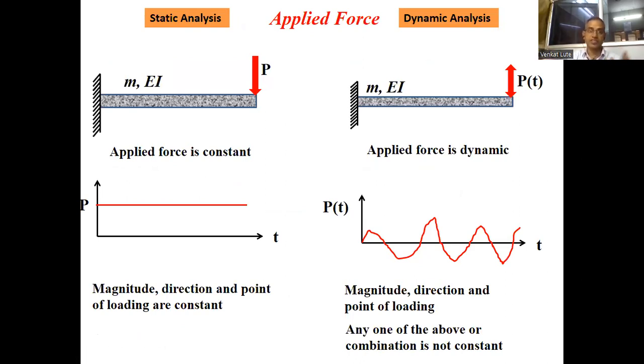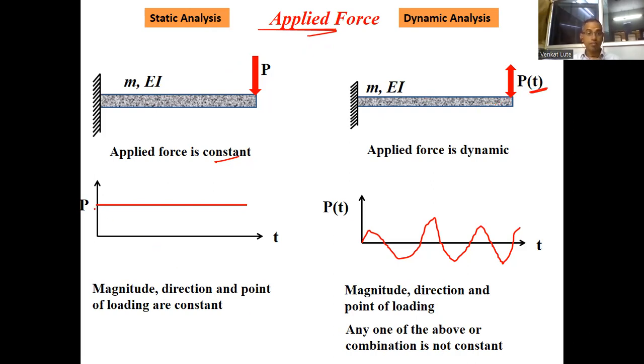So what is the difference between static and dynamic? As far as static analysis is concerned, in terms of applied loads, the load is constant, whereas in dynamic, the load is varying with time.